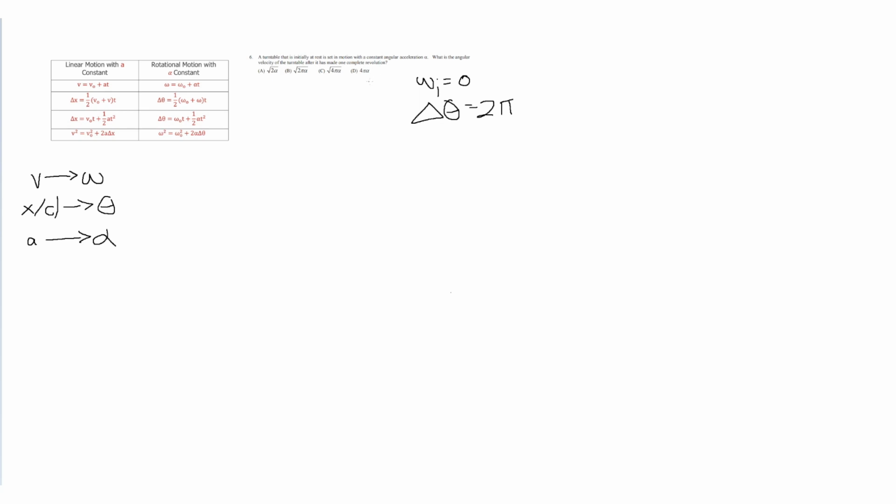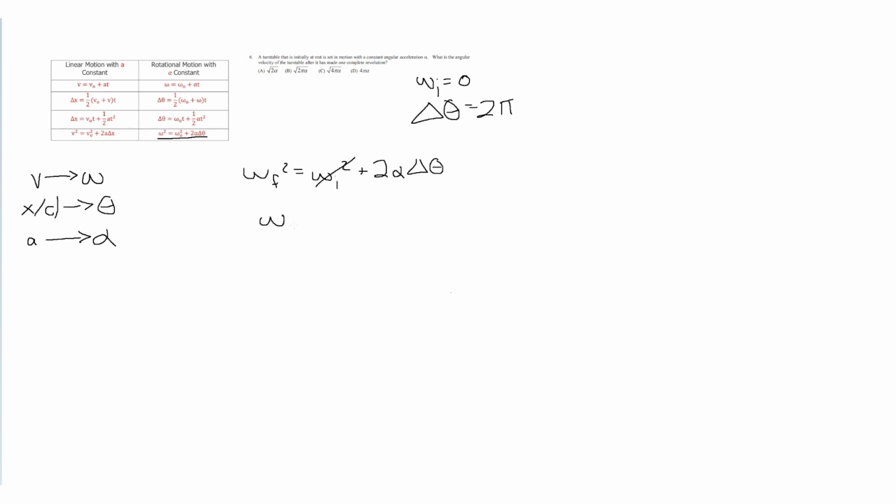Well, we can use our equation here. We can say wf squared equals wi squared plus 2 alpha delta theta. We know that wi squared is 0 because 0 squared is 0, and we know that delta theta is 2 pi.